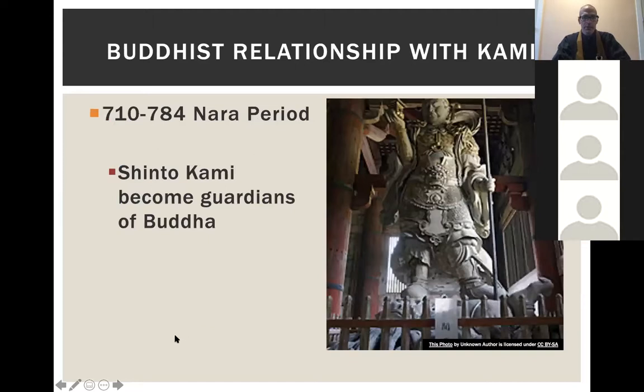Another place where we see the relationship between Buddhism and Shinto is with the kami. If you look at this image here, this is a Shinto spirit. And I've seen these in Japan when I visited temples.